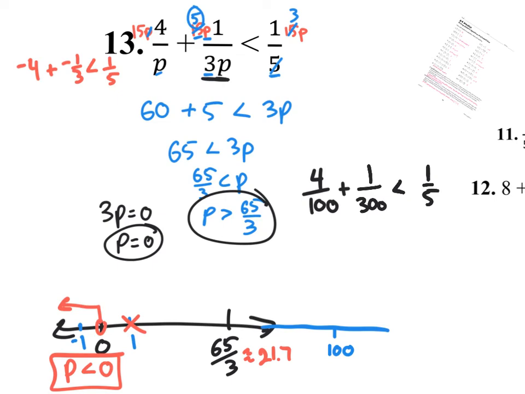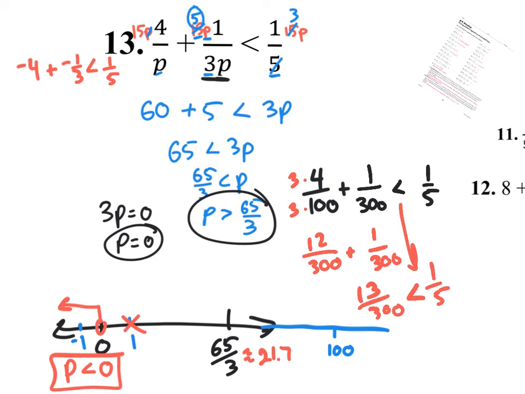Now, I already know that this is going to be a true statement. Like, if we wanted to, let's get a common denominator here. Let's change the 4 over 100. Let's make that a 300 instead of a 100 by multiplying by 3 to get 12 over 300 plus 1 over 300. That gives you 13 over 300. And is that really less than 1/5?